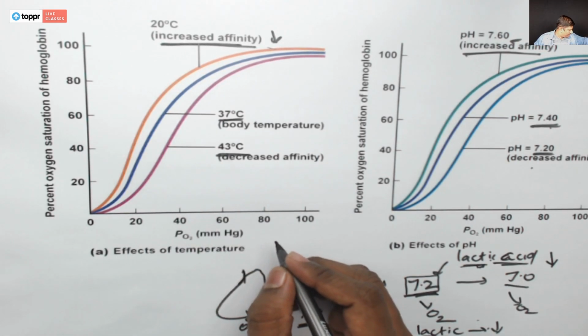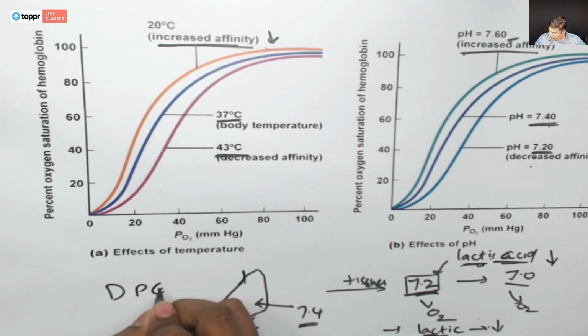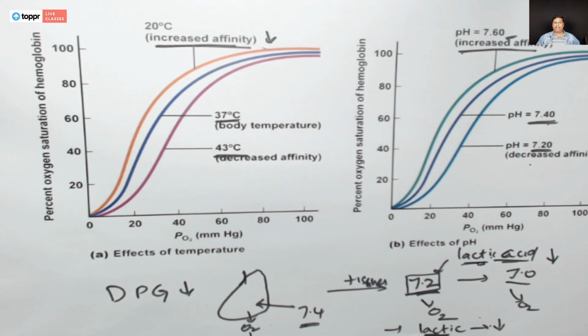I'll tell you here itself: accumulation of DPG will lower the affinity. So if you have more DPG inside, the affinity will go down.